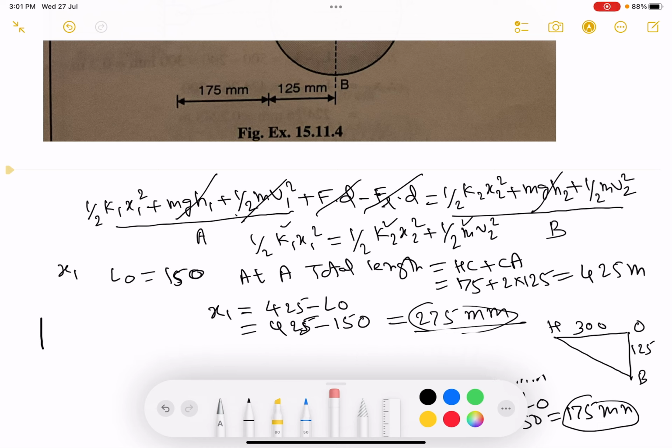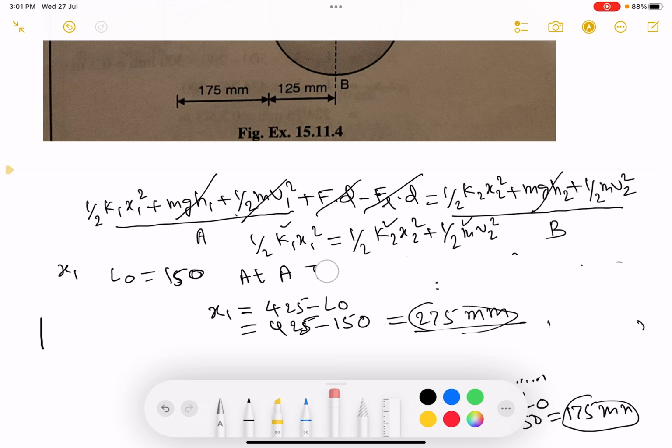I'm cleaning it all, and this is our equation, right?